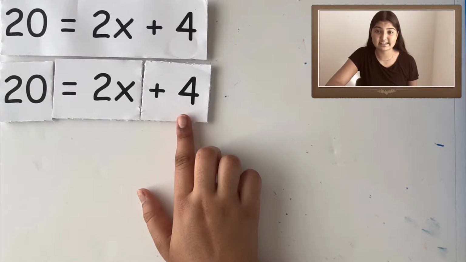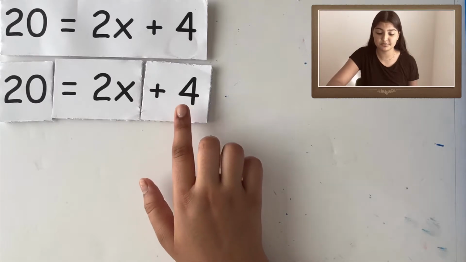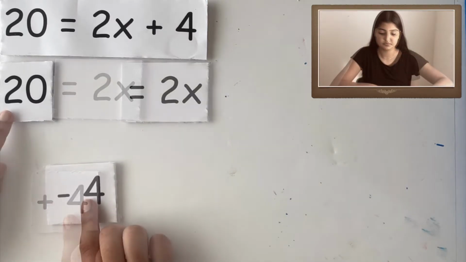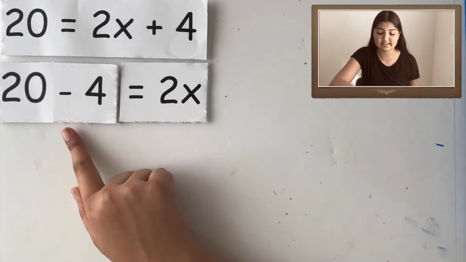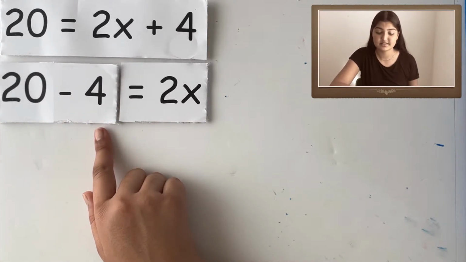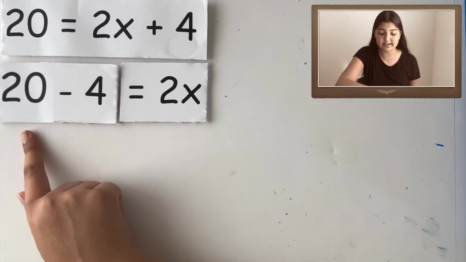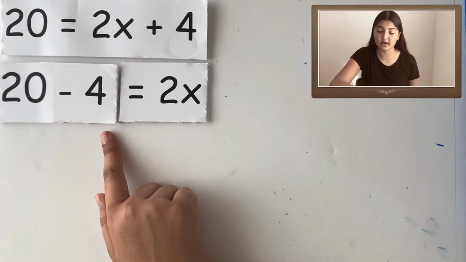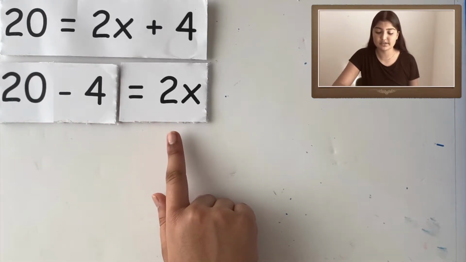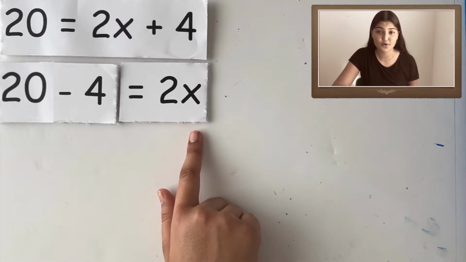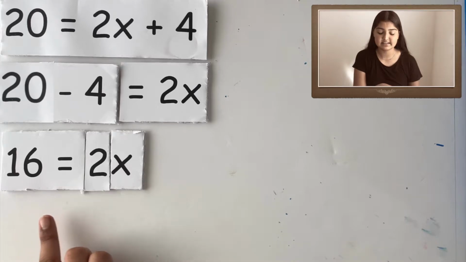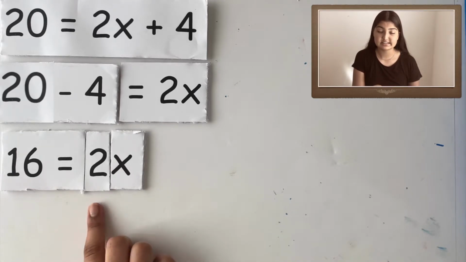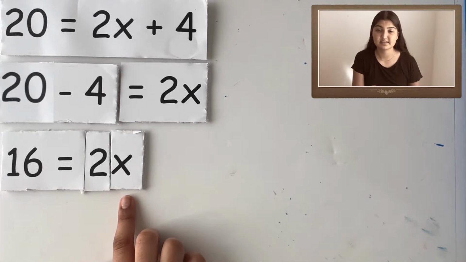So when we take it to the other side of the equation, it will become negative 4. So 20 minus 4 is equal to 2x, or 16 is equal to 2x.